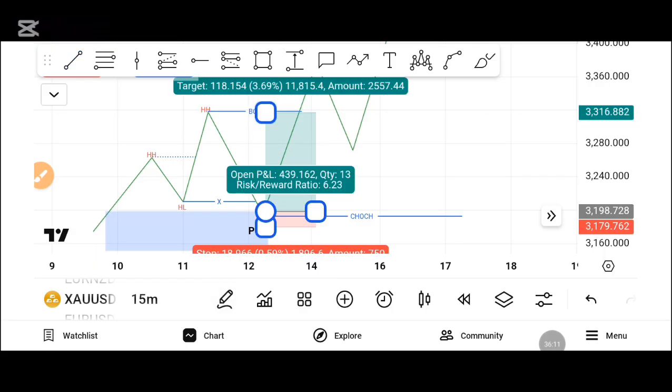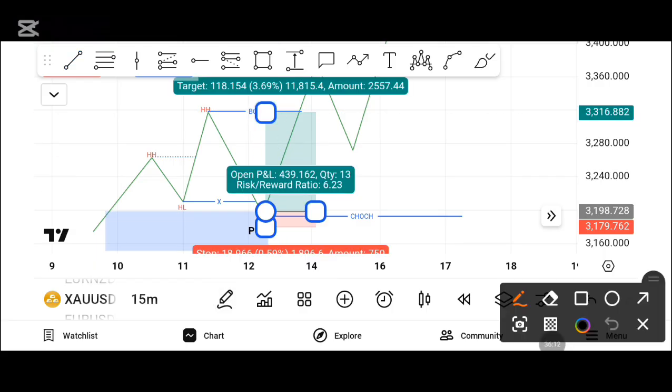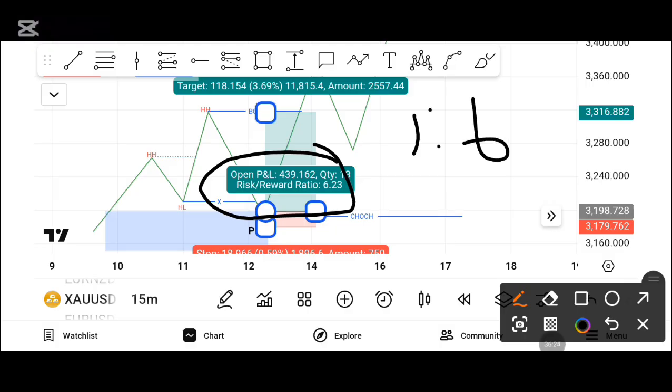If you look at this value here, we have what? We have a risk reward ratio of 1:6. It means that if you are risking $1 on this trade, you'll be making how much? $6.